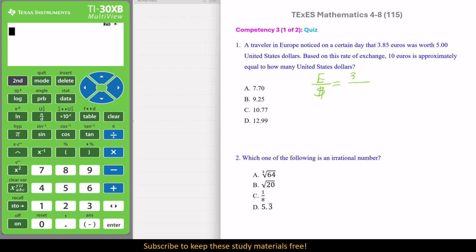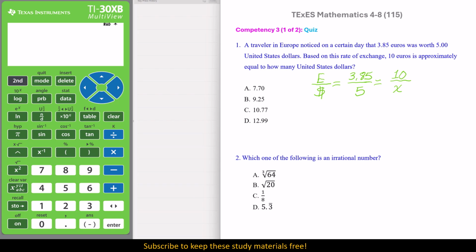We're given 3.85 euros to $5. Okay, so then we want to know approximately how much the US dollars would be worth if we had 10 euros?